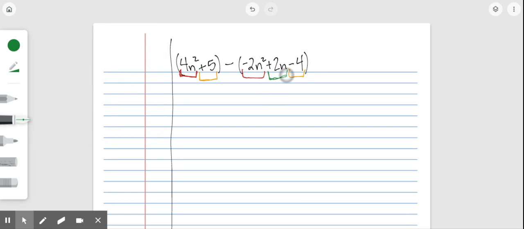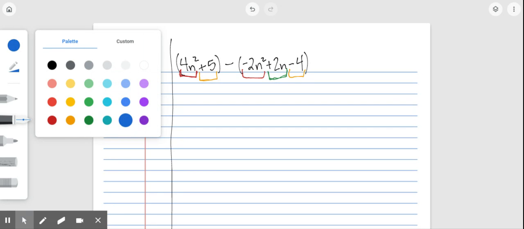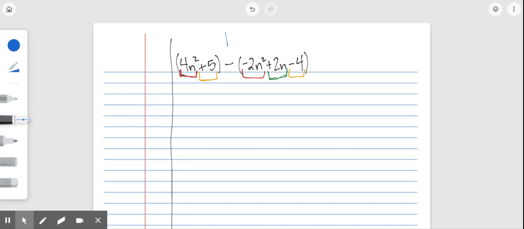Before I can combine like terms, just like last time, I want to get rid of my parentheses, so I have to do any distributive property that I can see. This time I've got a special thing because I've got a subtraction sign in between, which means I am multiplying -1 throughout that second polynomial.